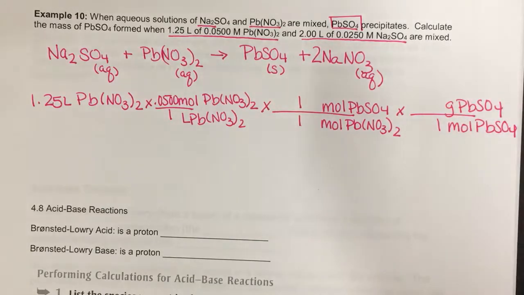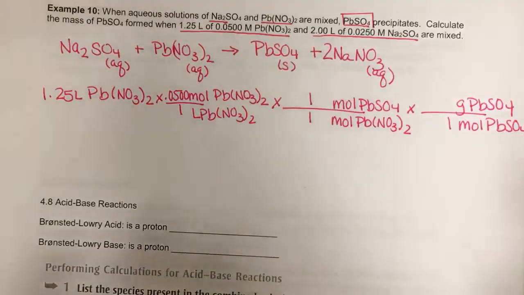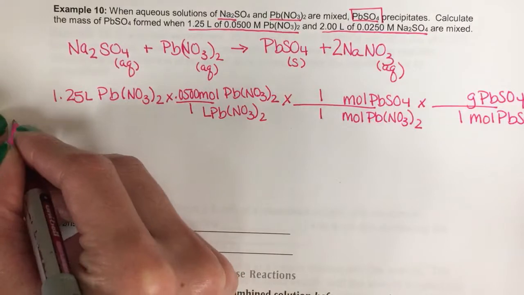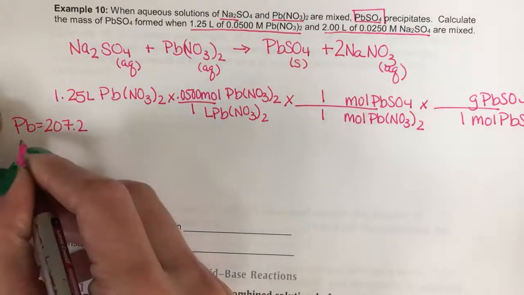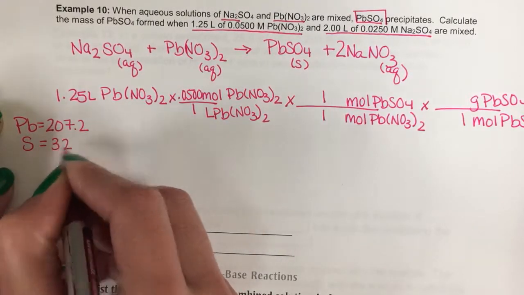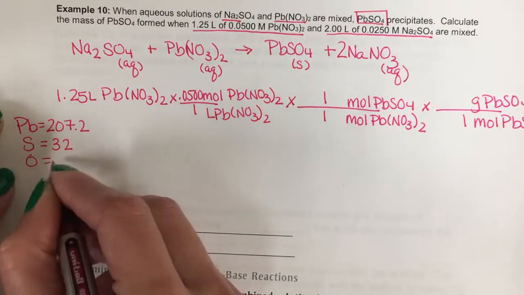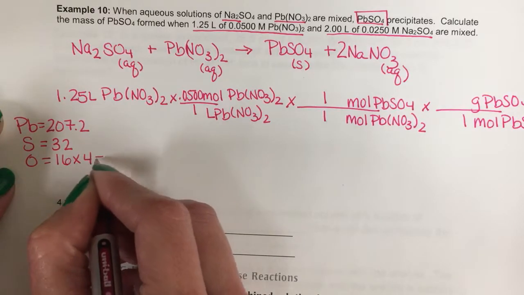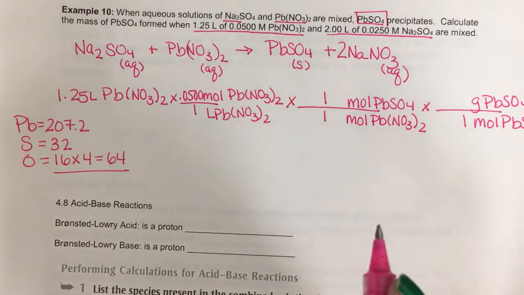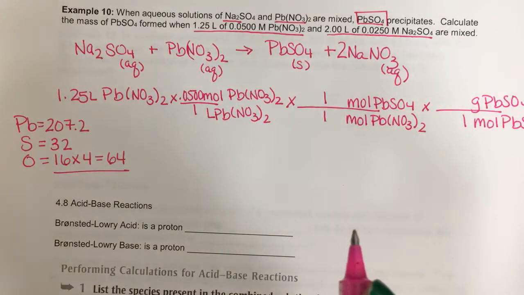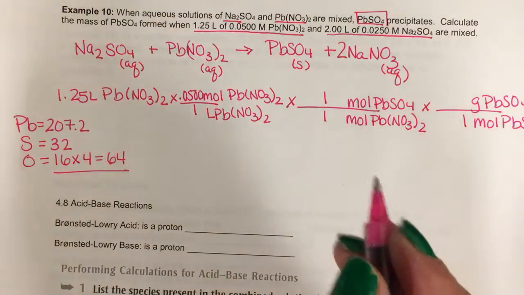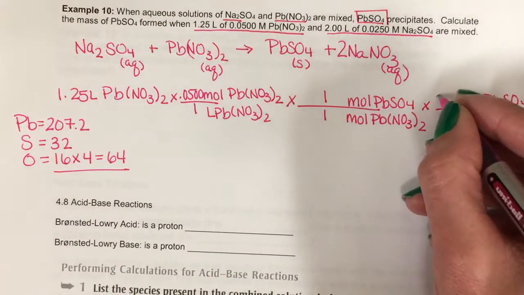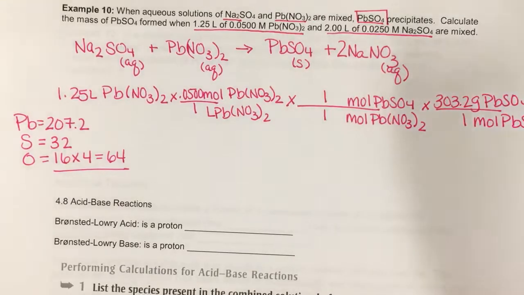I know that 1 mole of any compound or element is equal to the number from the periodic table. So I look at my periodic table. Pb is 207.2. Sulfur is 32. Oxygen is 16 times 4. Now if I add all of those things together, I get that it's 303.2 grams.